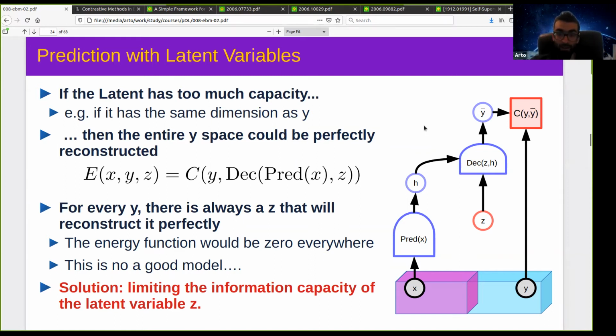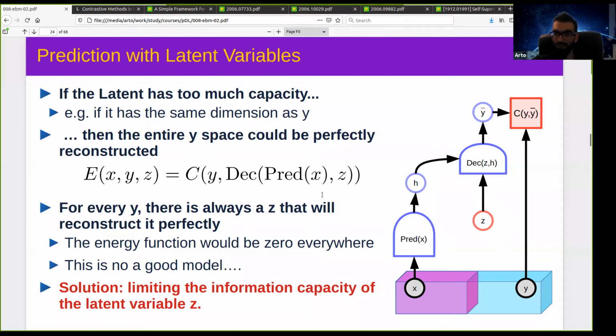And why do we need to limit this information capacity of variable z? Because if we have a large enough z, we can reconstruct perfectly any y from just z, and this will result in a constant energy function everywhere.